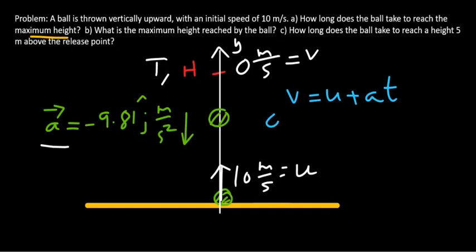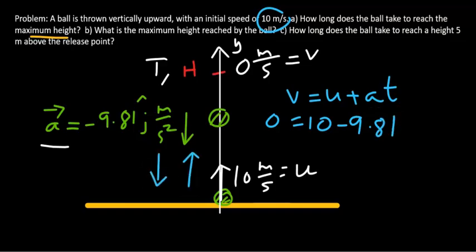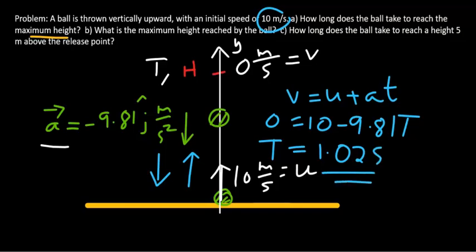V is the final speed, that is 0. U is 10. We are told that it is 10. A is minus 9.81. Note, the motion is upward, acceleration is downward, so the minus sign right there, and t is capital T. Solving for t, we get 1.02 seconds. So that is the answer for part A. The time is 1.02 seconds to go from that point to the maximum height.